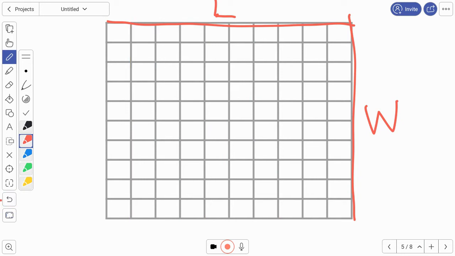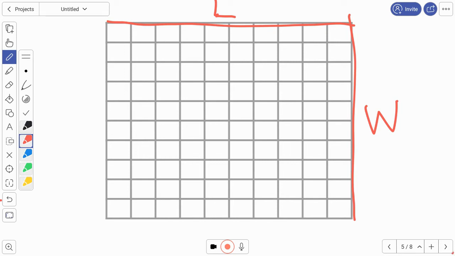So we call them square units because when we measure area, we are creating little squares on the inside and counting up how many little squares take up that spot.